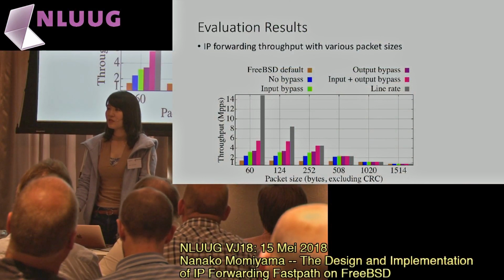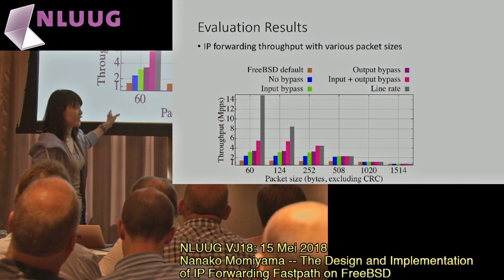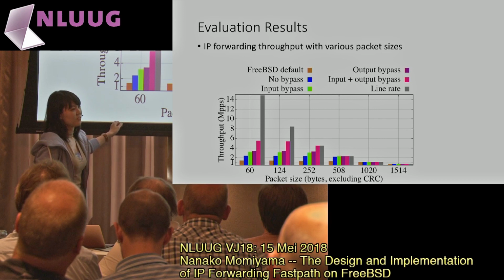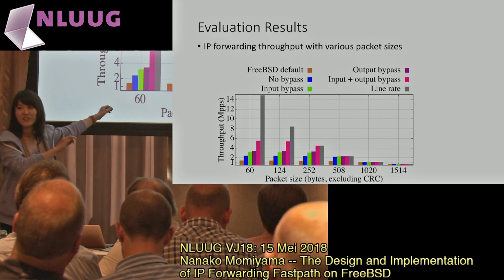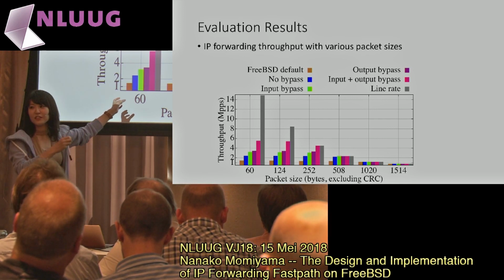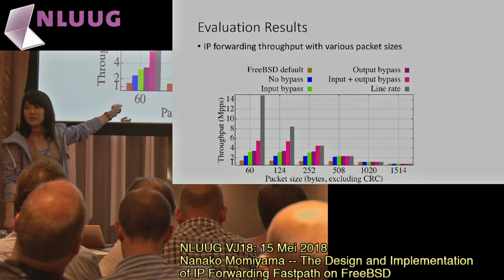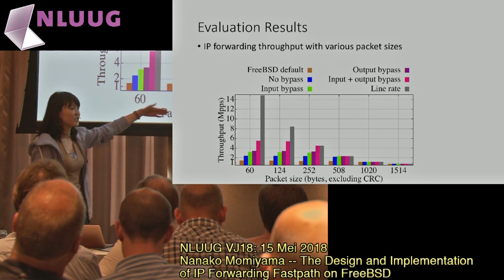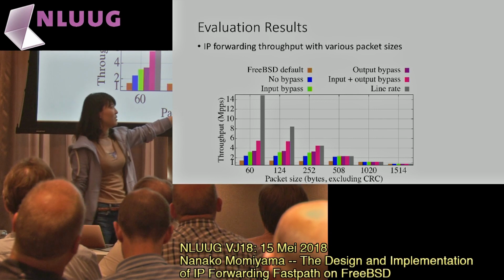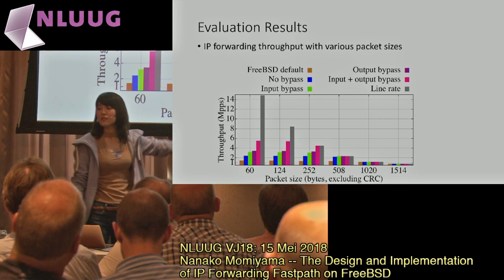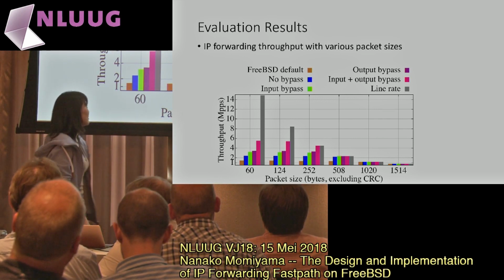Yes, because the shortest packet size could be the worst case because it's more difficult to saturate the bandwidth. If we use larger packets, it's very easy to reach the line rate.